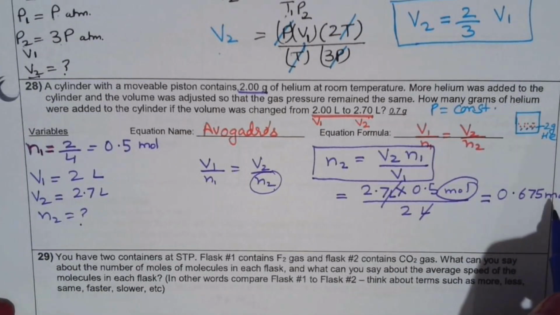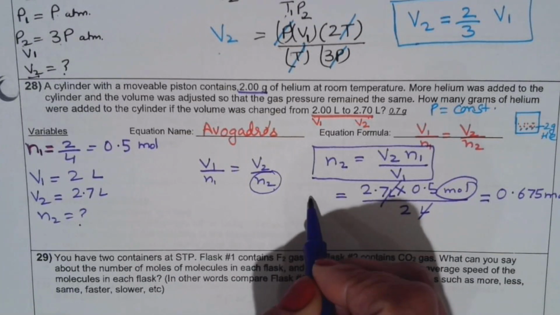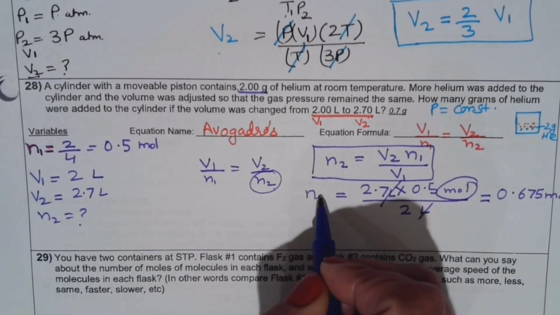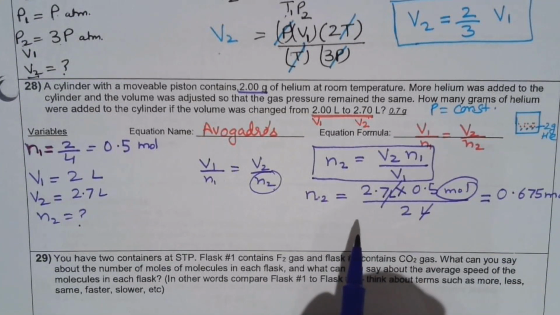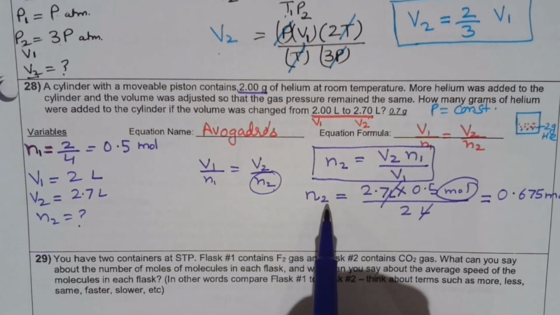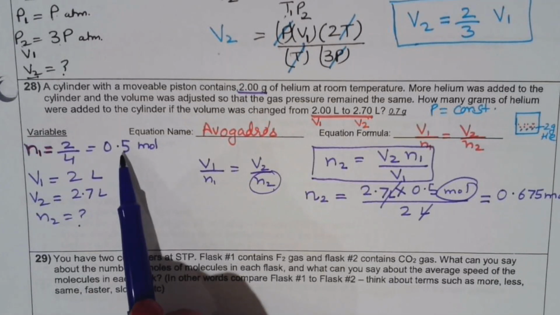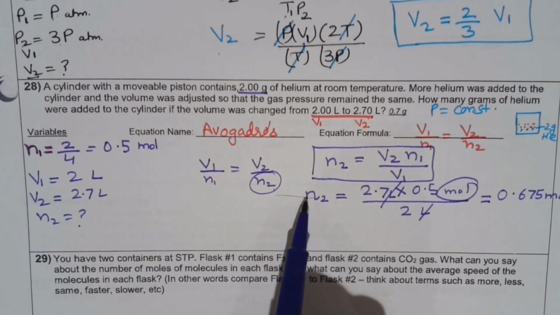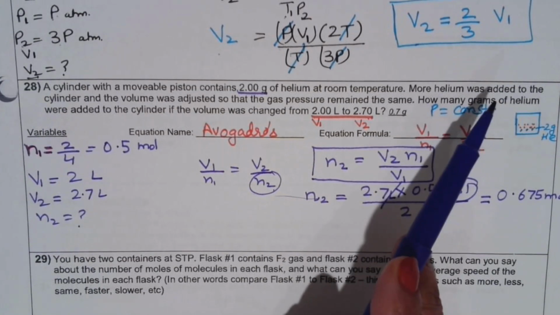So this is the total number of moles, right? That was N2. Okay. Now since you added more moles to N1, we need to subtract the existing number of moles, the ones that we had initially, from the total number in order to get the amount of helium that was added.